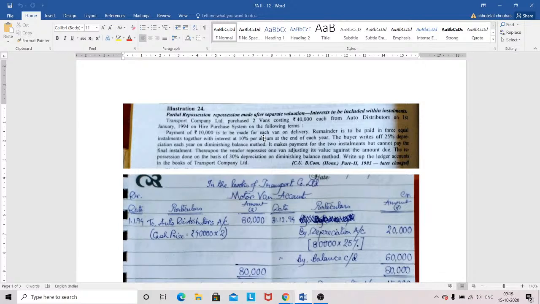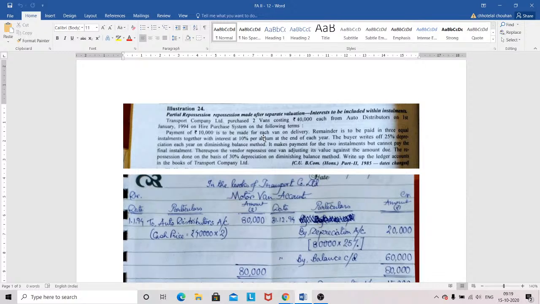The buyer writes off 25% depreciation each year on diminishing balance method. That's a very important thing. The buyer, or rather the hire purchaser, charges depreciation at 25% on diminishing balance method. It makes payment for 2 installments but can't pay the final installment.